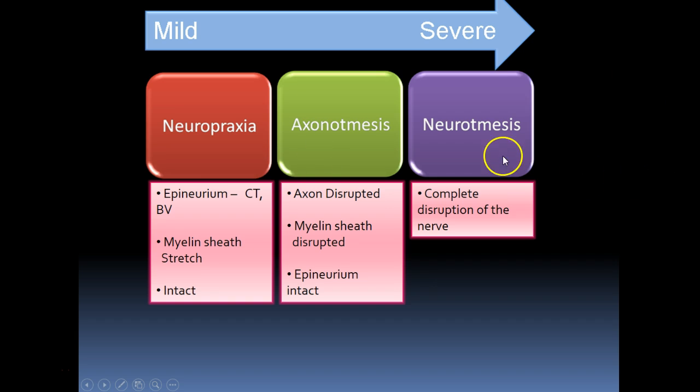The last and definitely the most catastrophic of the neuropathologies is what we call a neurotmesis. A neurotmesis is a complete disruption of the nerve. It's the most severe form of peripheral nerve injury. The prognosis for the return of normal innervation, normal supply to that particular muscle group, is very poor.